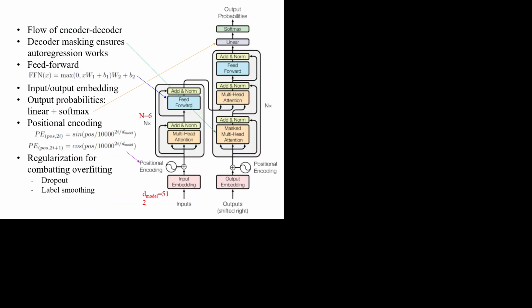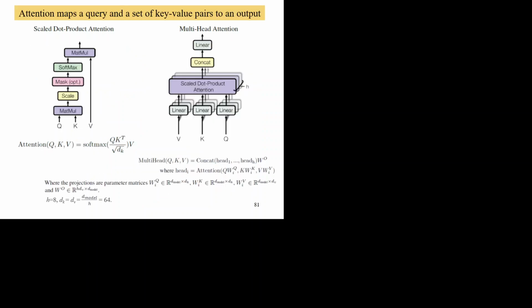So last week I introduced the transformer using the original paper's framework like this. And in fact, what is the attention mechanism in transformer? Basically it is attention. The idea of attention is to try to match a query and a set of key-value pairs to an output.